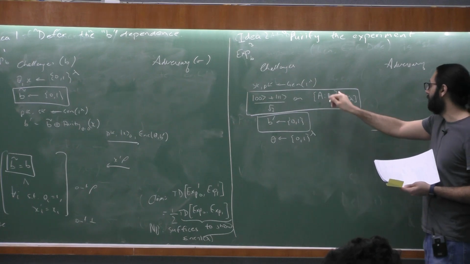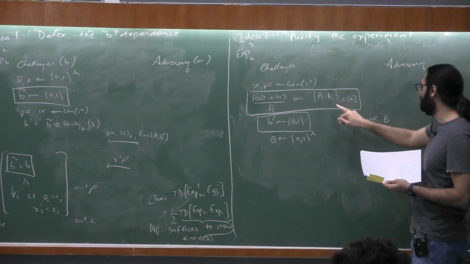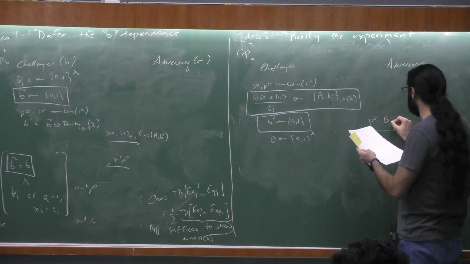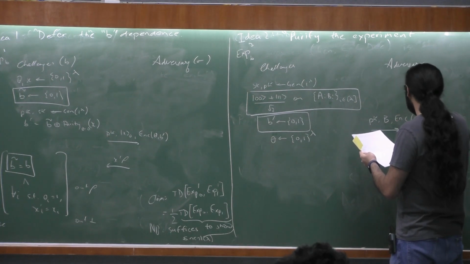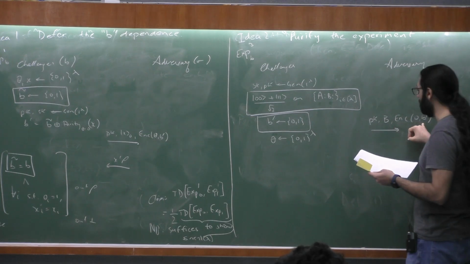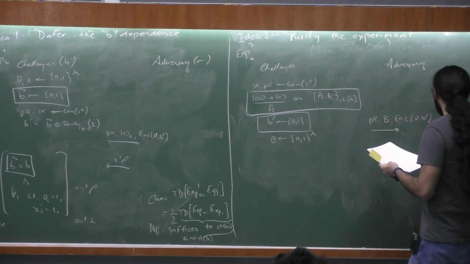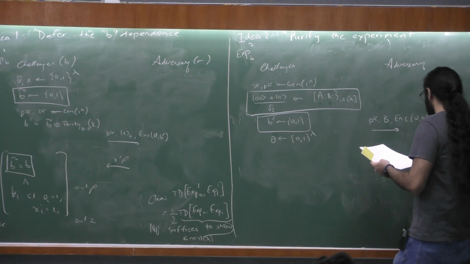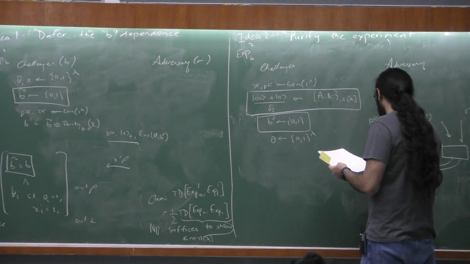So you had these lambda mini EPR states or Bell states, and you sent one half of the registers together with the encryption of theta and B prime. B prime again is random, okay. Again the adversary does its thing, sends you the X prime and rho.